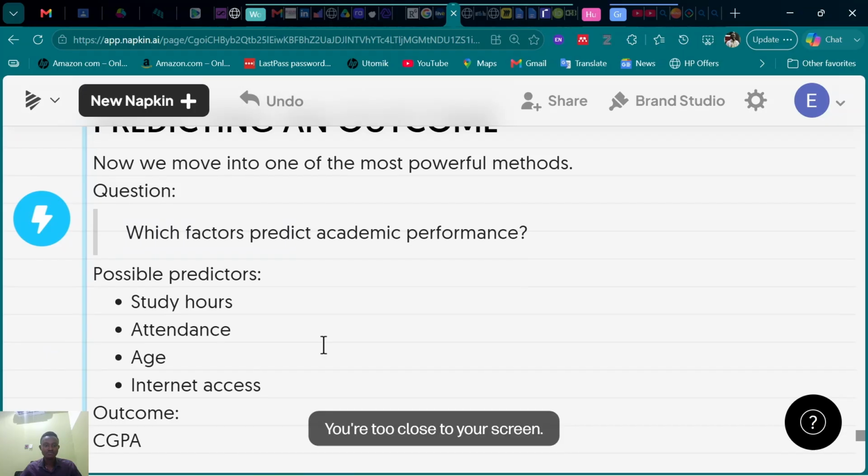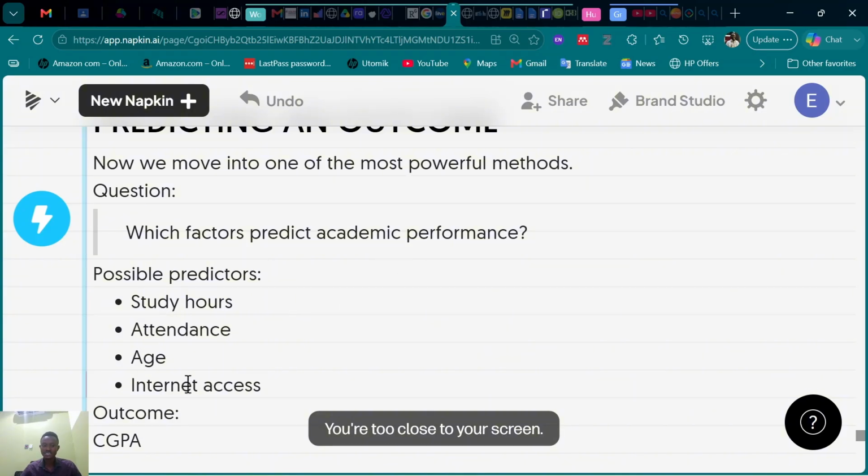Predicting an outcome. Which factors predict academic performance? We have a lot of independent variables that can cause this dependent variable outcome. We have study hours, which can cause your academic performance to increase or decrease. Attendance in class, same. Your age can predict your academic performance.